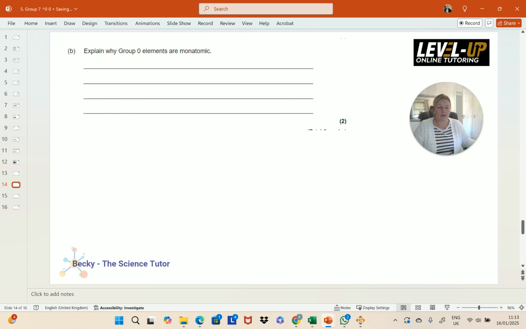So explain why group 0 elements are monatomic. That's because they have, so 2 marking points. The first marking point is that they have a full outer shell, and so they've got no tendency, or no reason, to gain electrons, however we want to word that.